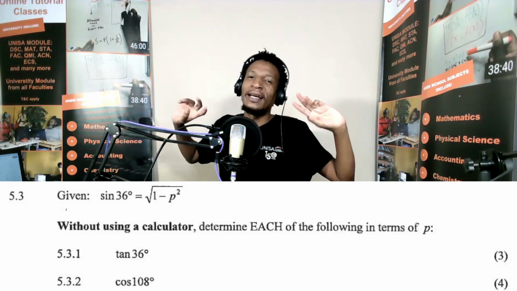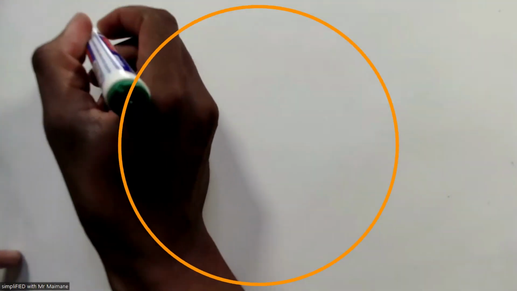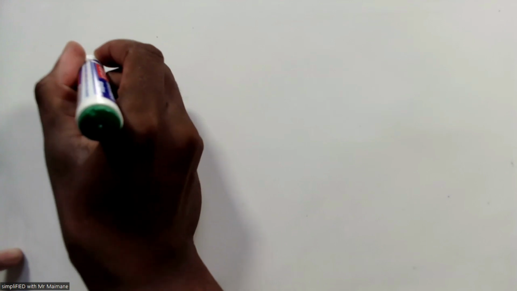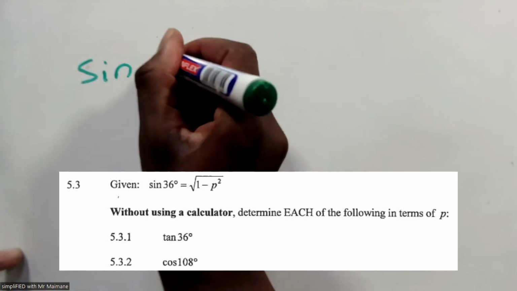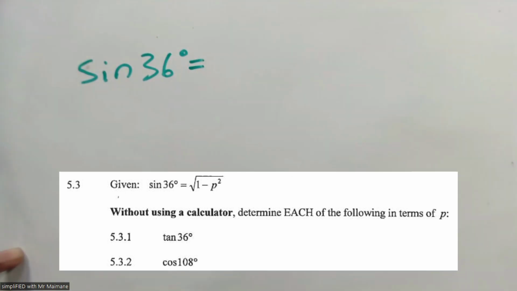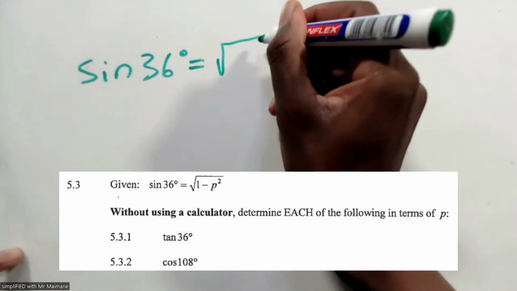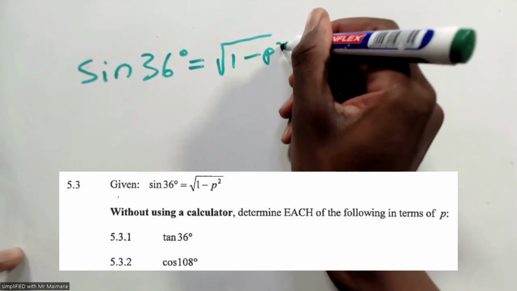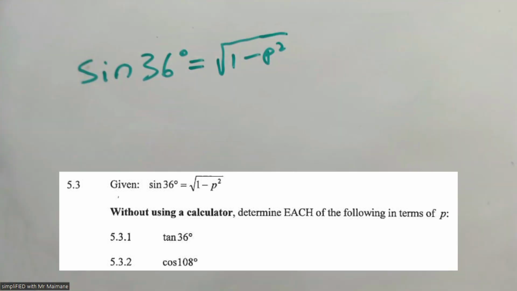No biggie. To break it down, we have to look at it like this. Here we are given that sine 36 degrees is equal to the square root of 1 minus p squared. This is what we are given.